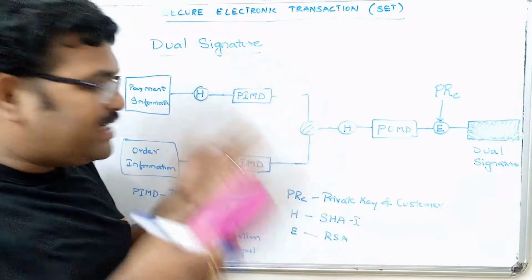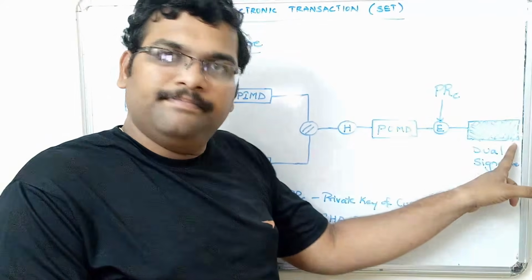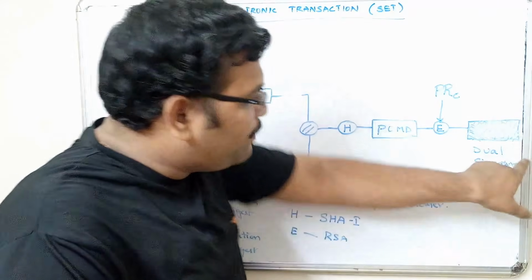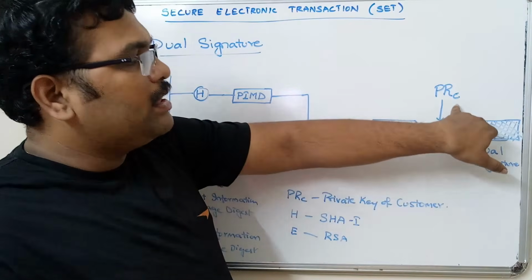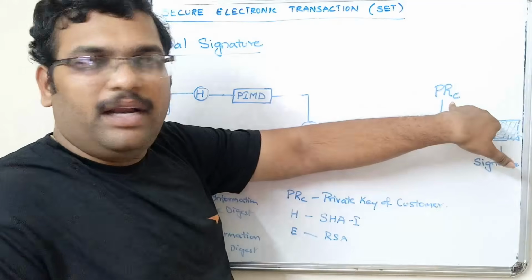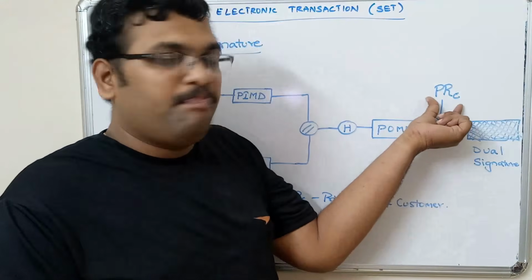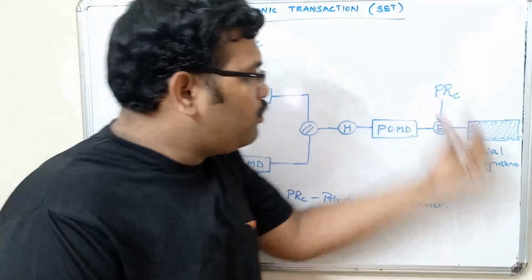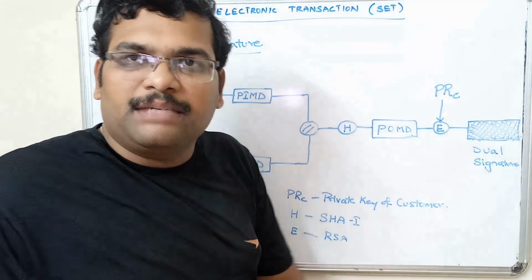In order to check the integrity and authentication, we have to decrypt this. To decrypt this dual signature, we require the public key of the customer, right? Here we are encrypting this dual signature by using the private key of the customer.